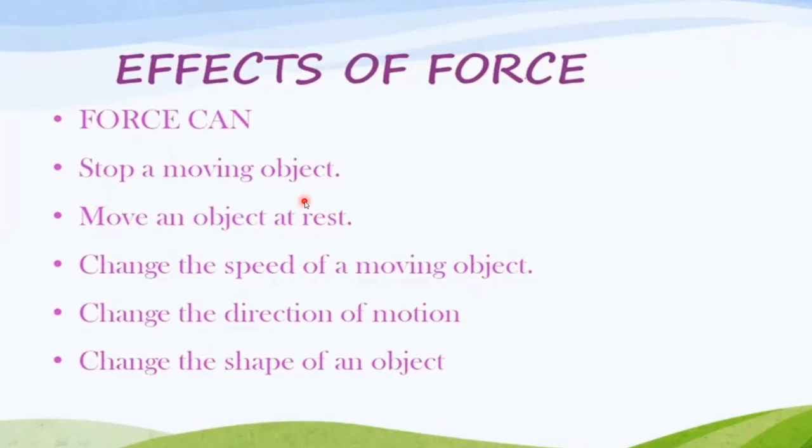Stop a moving object, we saw a player stopping the ball. Move an object at rest, a hockey player hitting the ball with a hockey stick. Change the speed of a moving object, a cricket batsman hitting a ball. Change the direction of motion, we can give the same example of a batsman. Change the shape of an object, squeezing a lemon or stretching a rubber band. These are all the effects of force.